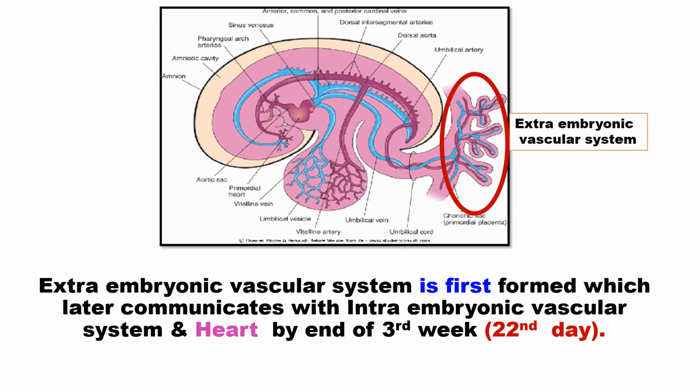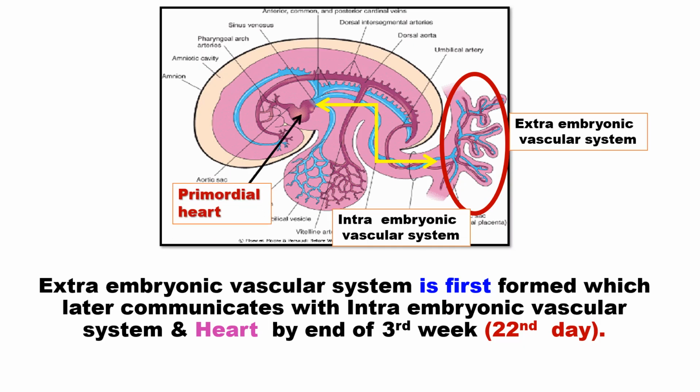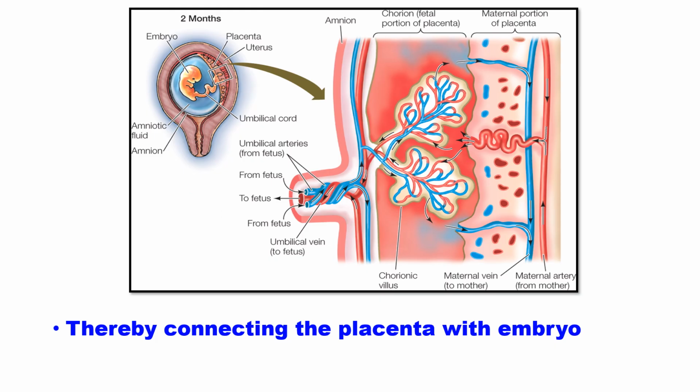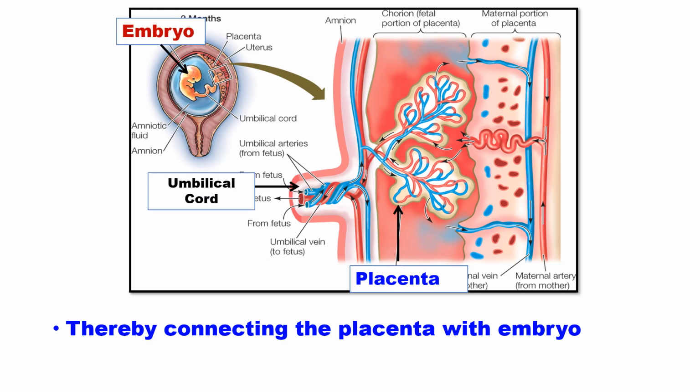To conclude, the extraembryonic blood vascular system is formed first, which later communicates with the intraembryonic blood vascular system and finally with the primordial heart by the end of the third week, that is around the 22nd day of intrauterine life, thereby connecting the placenta with the embryo via the umbilical cord and its vessels.